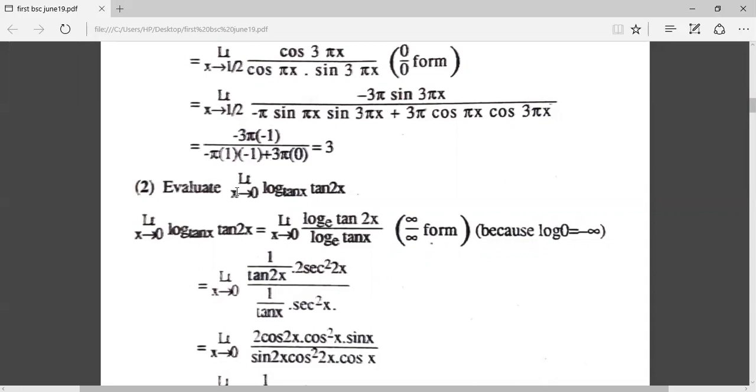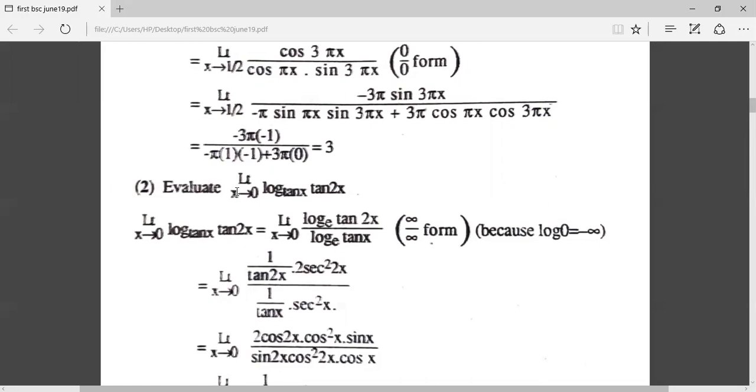First, differentiate the numerator. Differentiation of log tan 2x is what? 1 by tan 2x, times differentiation of tan 2x by chain rule, which is 2 secant square 2x. Whole divided by differentiation of log tan x, which is 1 by tan x, times differentiation of tan x, which is secant square x.